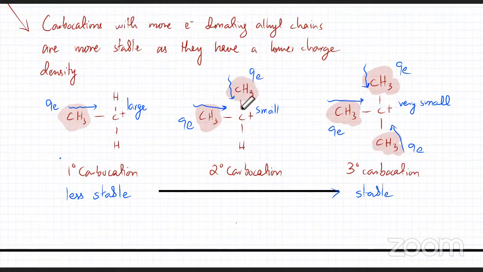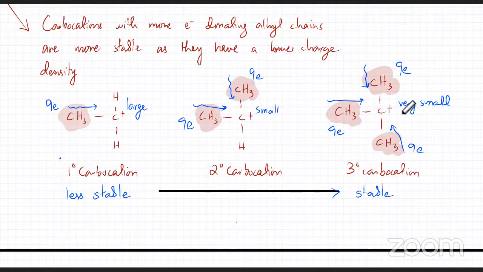A 2 degree carbocation is surrounded by carbon chains on two sides. A 1 degree carbocation has a carbon chain only on the left side. When you're surrounded by carbon chains, there are many electrons around you, which makes the positive charge on the carbon very small. So it is easier to form. It's always easier to form something that has a very small positive charge.